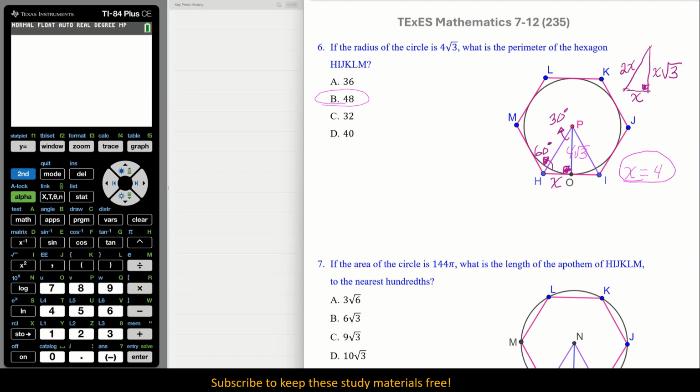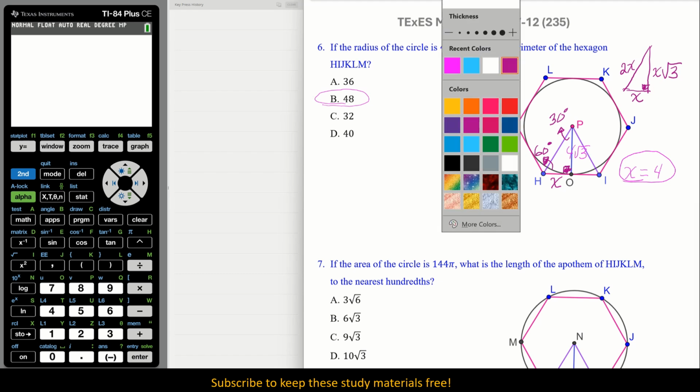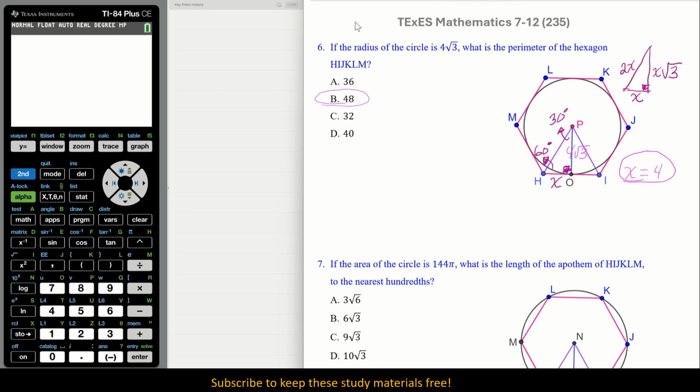But just in case you don't believe me, you're just like, what on earth are you talking? I've never seen these special triangles. Where are you getting this from? Well, that's not a problem. Let's go through the process that I've showed you and let's double check my calculations. Okay, so what do we need?